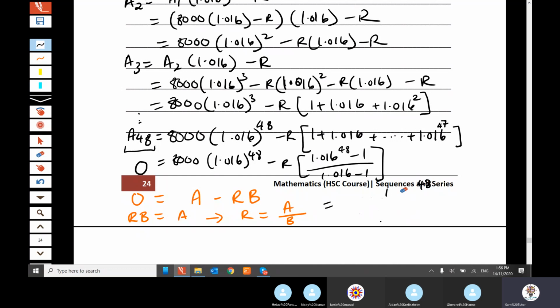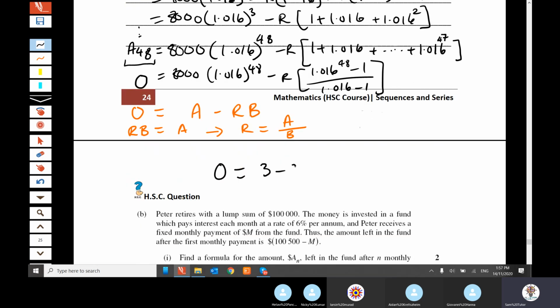Maybe you can just see it even without the A and B. Can you see if I'm solving for R, it's just going to be this number divided by this number? Can you see that? No? This is what you're missing. 0 equals 3 minus 2x. How do you solve for x? Then that's all I'm doing.